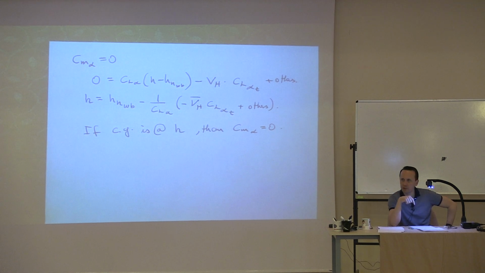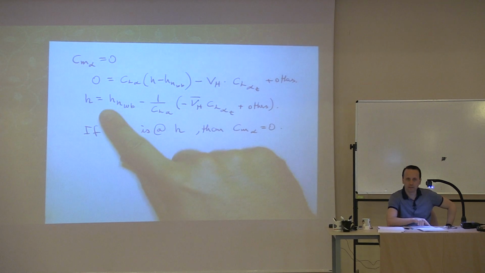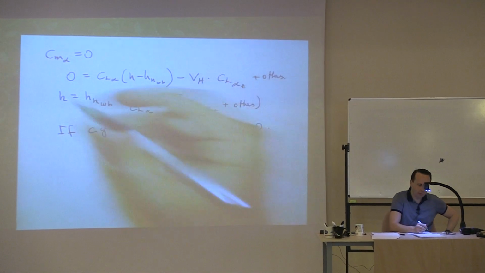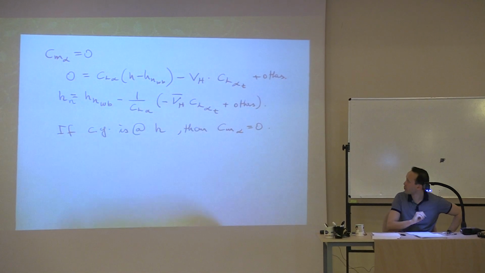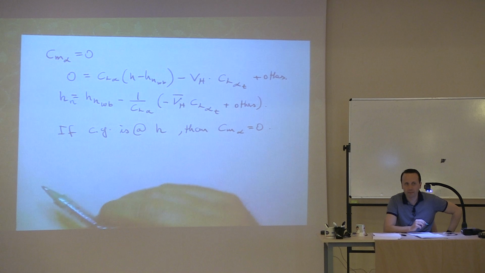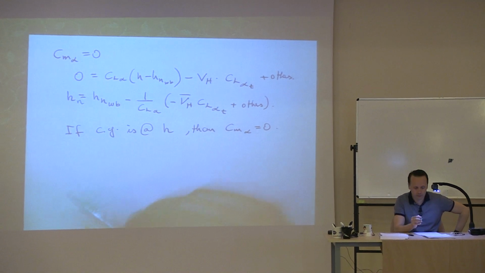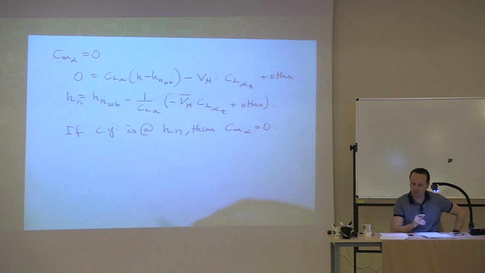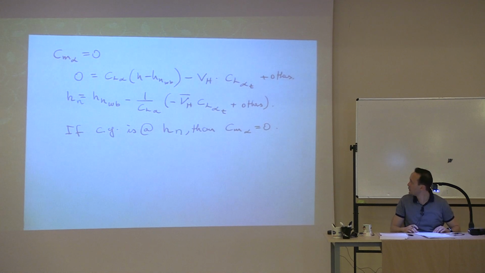But if I move the CG to a certain point right here, Cm alpha does not change anymore. The moment does not change with respect to alpha. So this special point where you put the CG, we call it the neutral point of the aircraft. Put a little n over here, and an n over here as well. This is the definition of the neutral point of the aircraft.